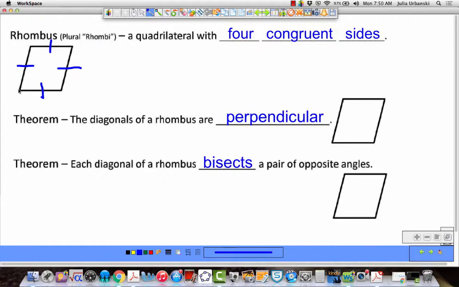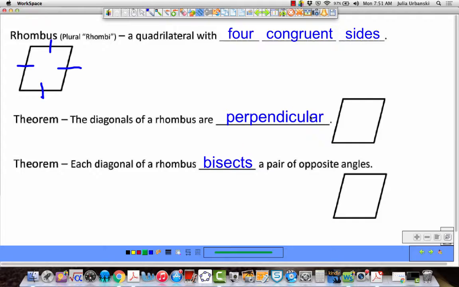Do the diagonals bisect each other? Yes, because it's still a parallelogram. Are the diagonals congruent? No, because it's not a rectangle. Rhombuses do not necessarily have to have right angles. So everything that's true about a parallelogram is true. The diagonals bisect each other.